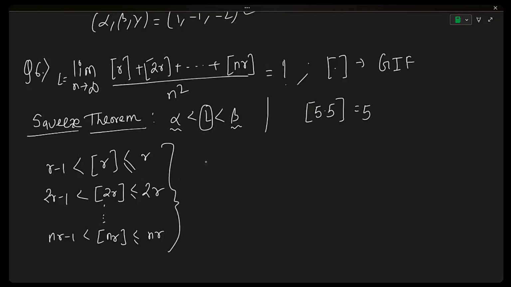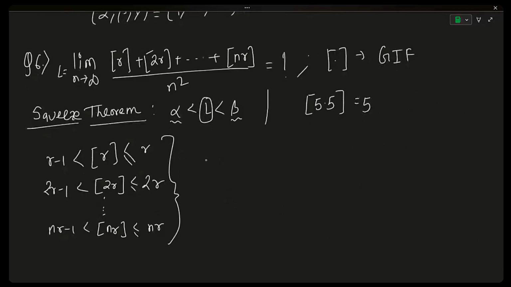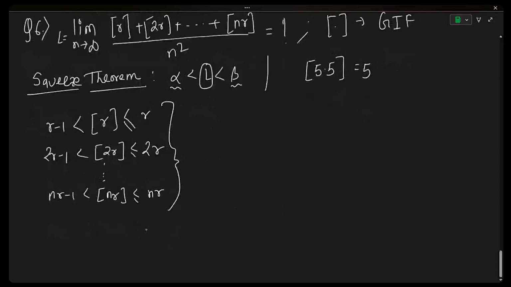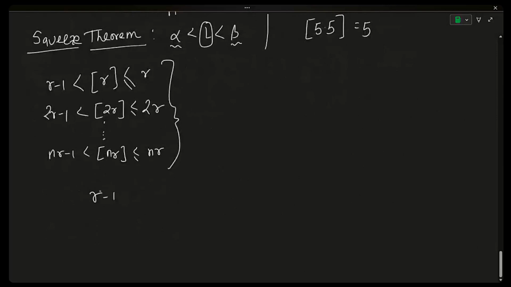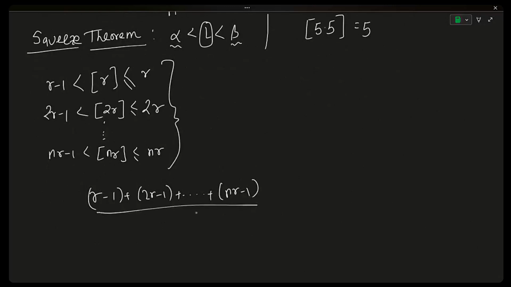Now, with this in hand, let me just write it directly. So (r minus 1 plus 2r minus 1 plus all the way up to nr minus 1) whole divided by n square is less than or equal to (box of r plus all the way up to box of nr) by n square, which is less than or equal to (r plus 2r plus all the way up to nr) by n square.